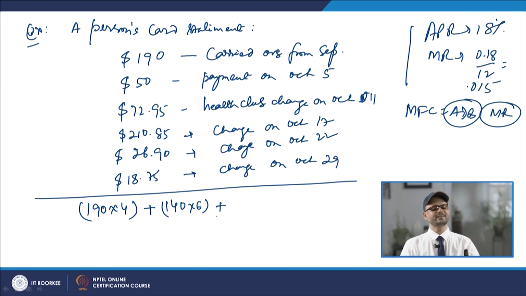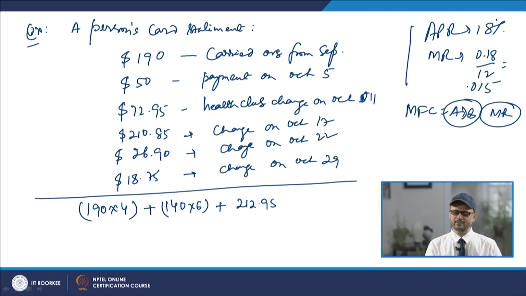Then again he has a charge of 72.95. So 140 plus 72.95 will be 212.95, and this will continue till the 16th, a further 6 days. Then you add 210.85, so it will be 423.80.